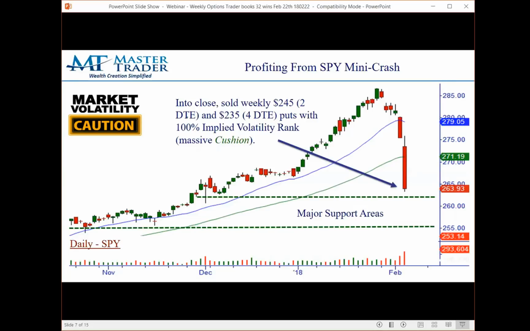So this is the S&P 500 ETF Spiders, SPY. This is our go-to instrument of selling out of the money puts or put spreads during mini market crashes.